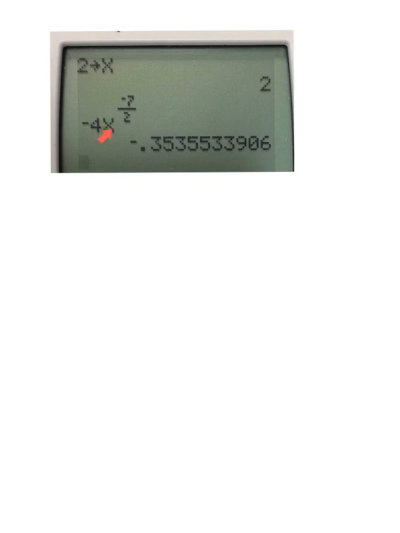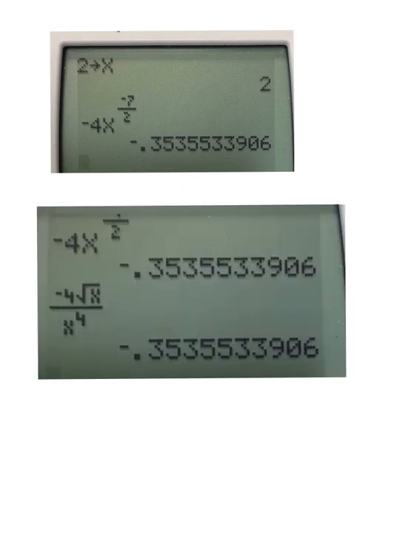So basically what the calculator is doing is putting in a 2 here, raising it to the negative 7/2 power, and then multiplying by negative 4. And that's what the calculator gives you, okay? And then if you type in answer choice 4, okay, so look at answer choice 4 here, typed in. Look, I get the same thing.